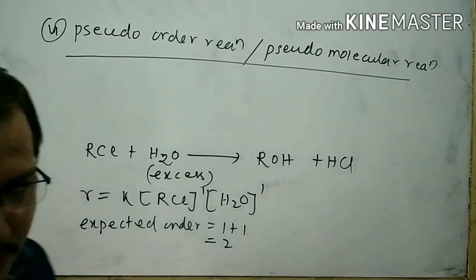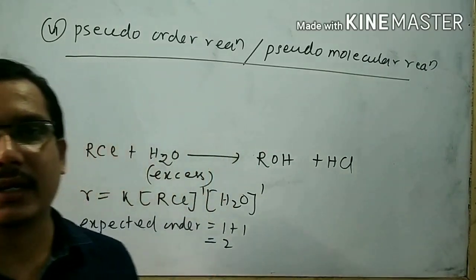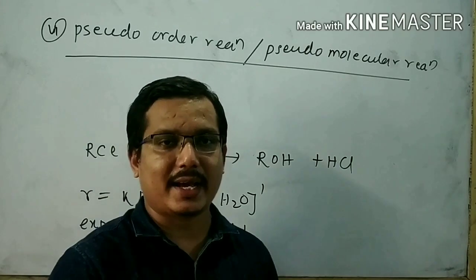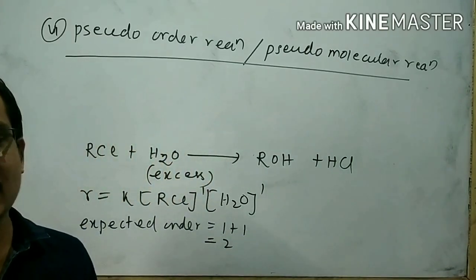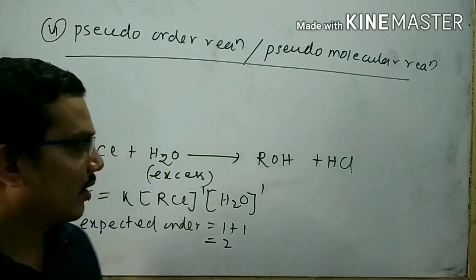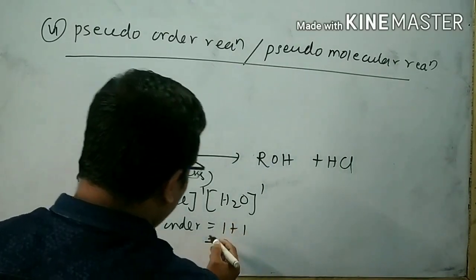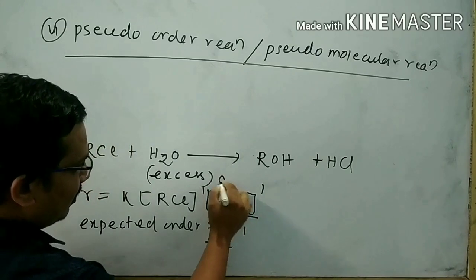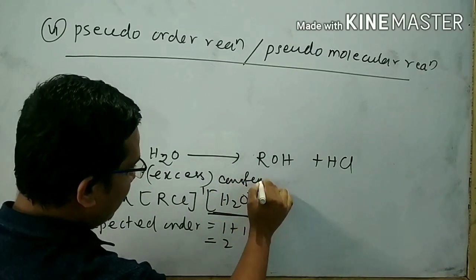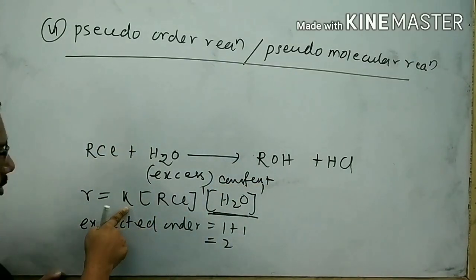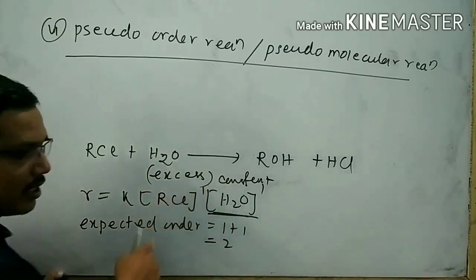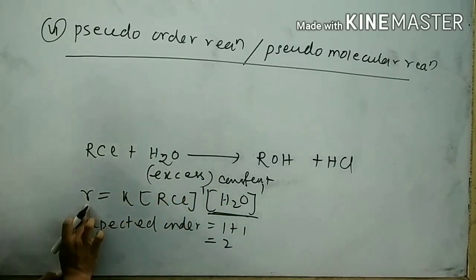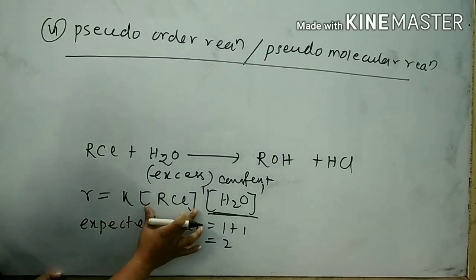But remember an important point: if a reactant is taken in excess amount, then that is considered constant. So this term is constant. Constant into constant is constant. That means the value of R only depends upon this value.